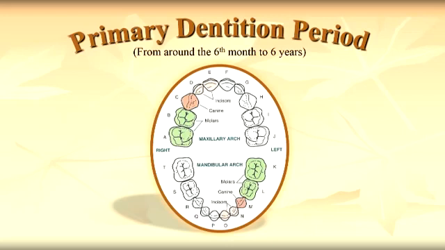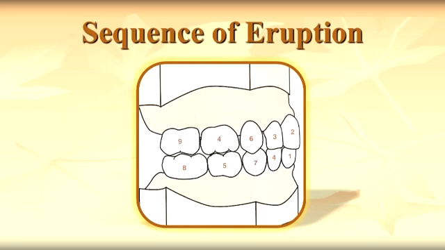Primary dentition. Primary dentition is from around 6 months to 6 years old, and therefore the teeth can be numbered according to the universal or another type of teeth numbering system.